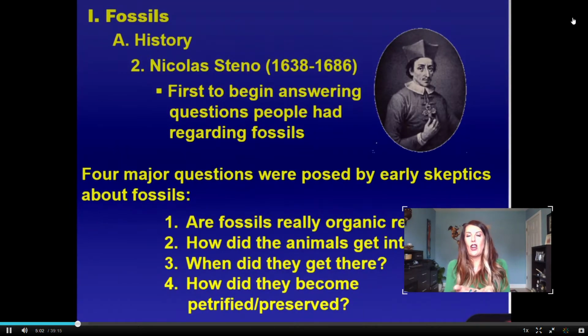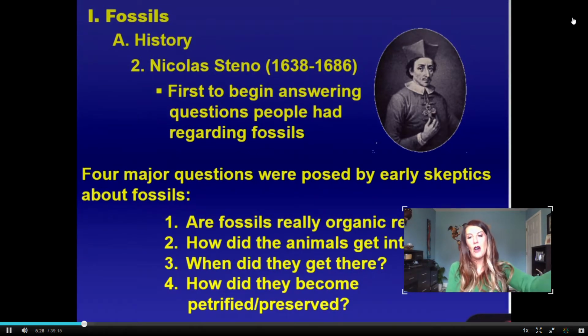It looks like a shark's tooth, but is it really an organic remain? Is it really something that represents a past life? The next is, how in the world is a shark here in the first place, right? So when he's digging in soils and limestone substrates, he's asking, why is this organic remain included in the rock layer itself?